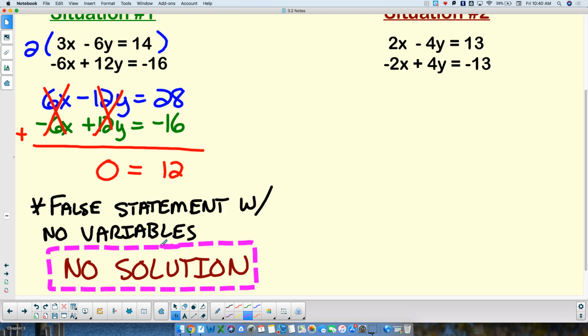Okay. So that's a no solution case if you get a false statement with no variables. So if you have 0 equals some number, really is the only false statement that you would get in an elimination case.